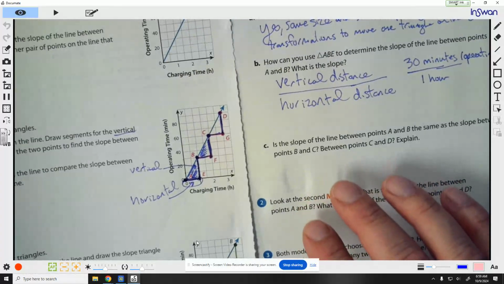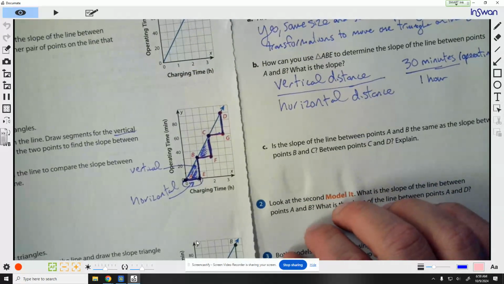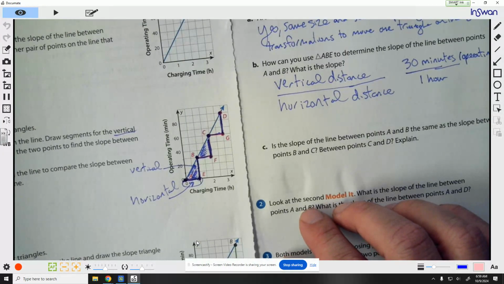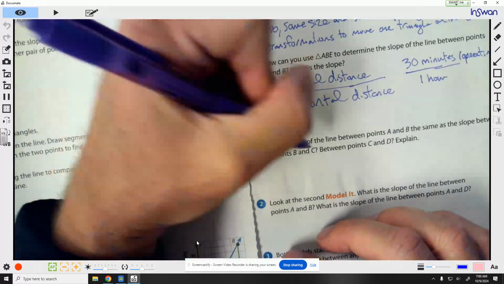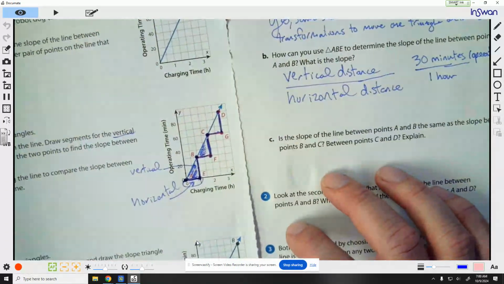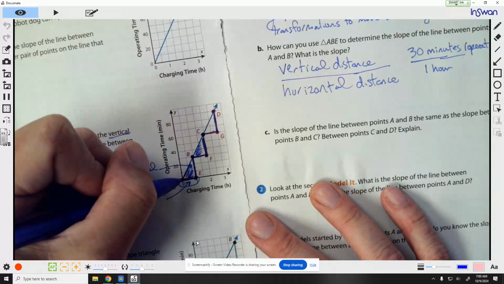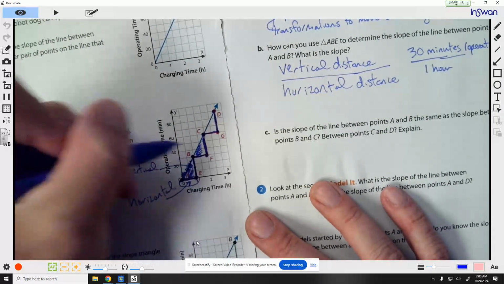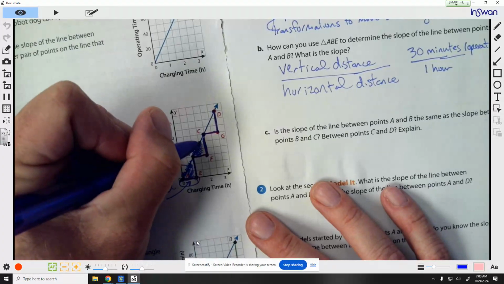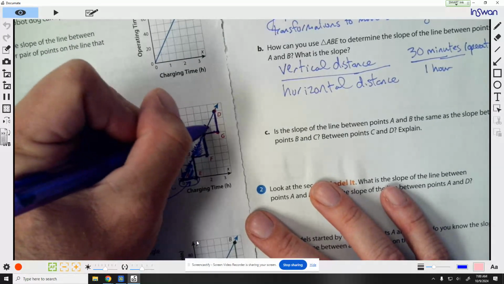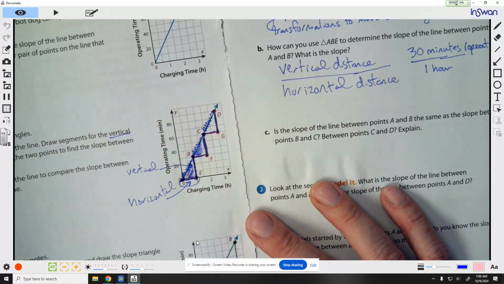Okay, problem C. Is the slope of the line between points A and B the same as the slope between B and C, as well as between C and D? Explain. So it's asking you, is the slope of this side equal to the slope of this side, which is equal to the slope of this side?